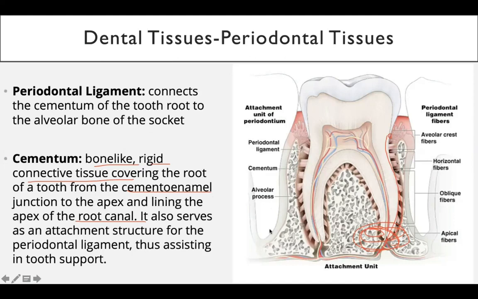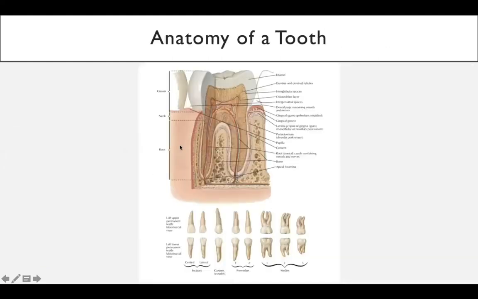You remember the cementum, right? It also serves as an attachment structure for the periodontal ligament, thus assisting in the support of the tooth. Easy. Okay. Next, anatomy of the tooth. In short, you can read by yourself.